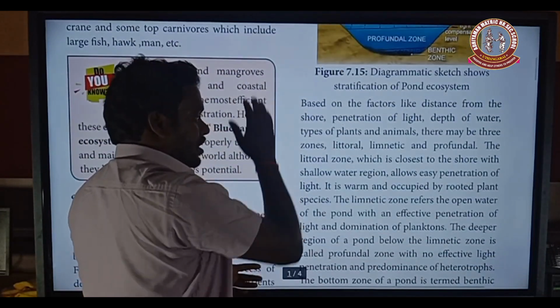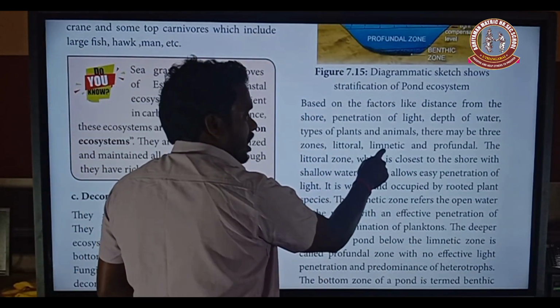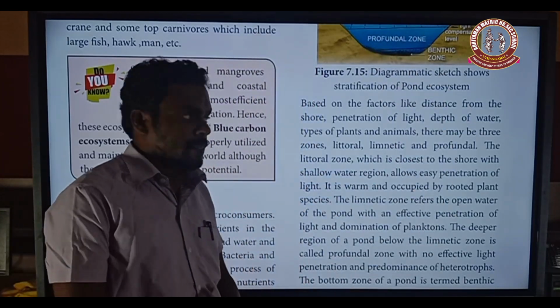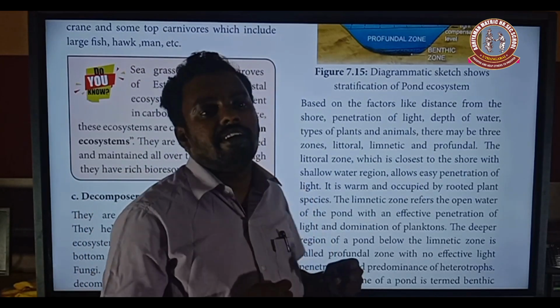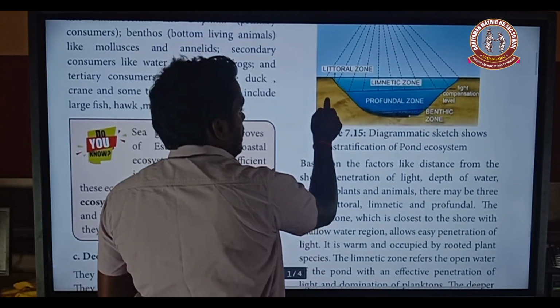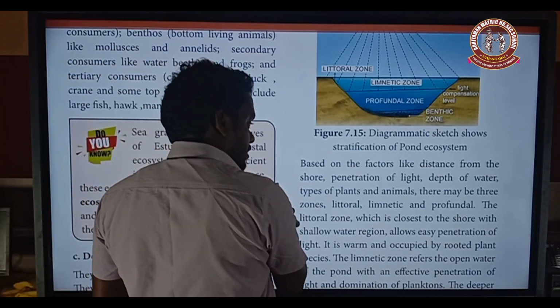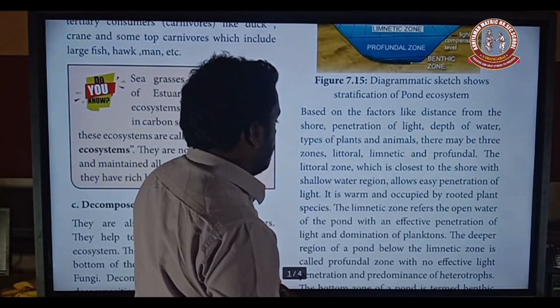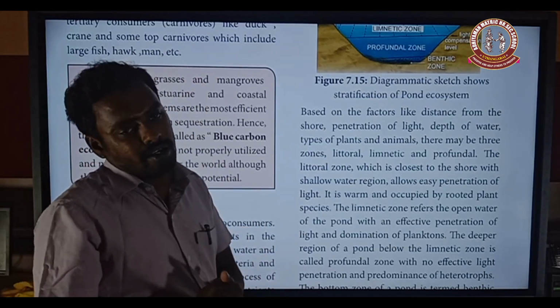So the first classification is into three types: littoral, limnetic, and profundal. First, the littoral zone, which is closest, as I already told you, meaning near to the shore, and it is a shallow water region.